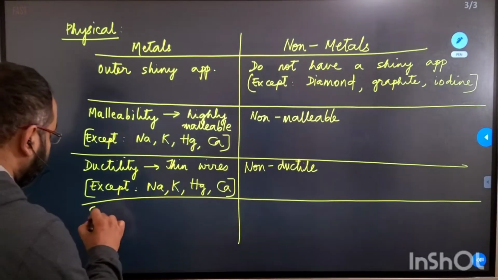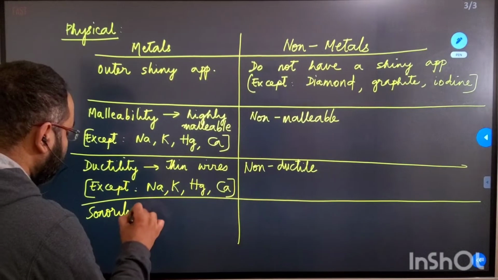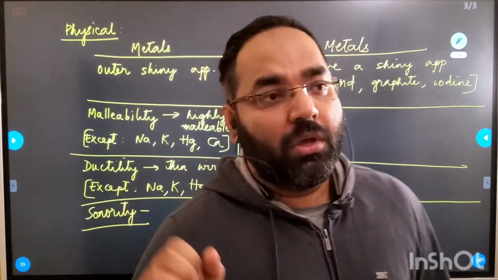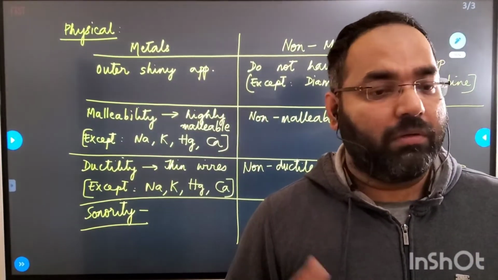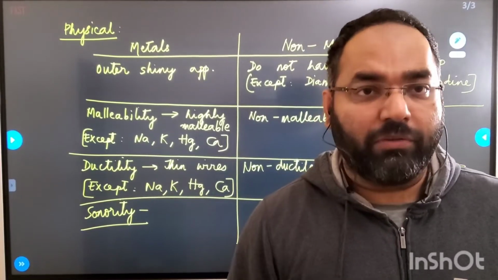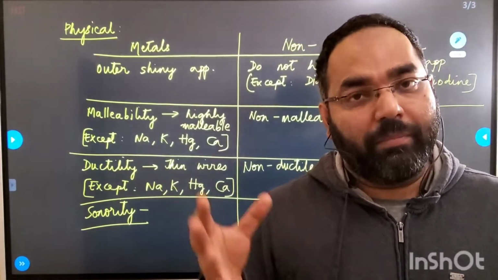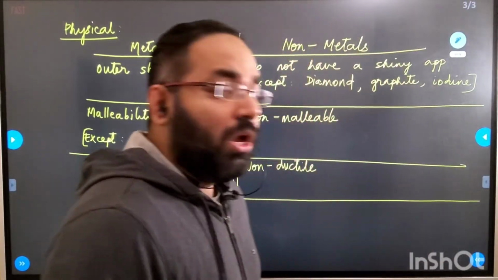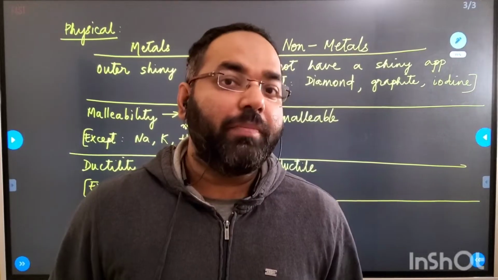Now let's look at sonority. Sonority is where a material makes a characteristic sound when you drop it. For example, when you are ringing the temple bell, or if you drop a key on the floor, or if you have a metal strike against another metal, you get that characteristic sound. That is called sonority. All hard metals tend to be sonorous.